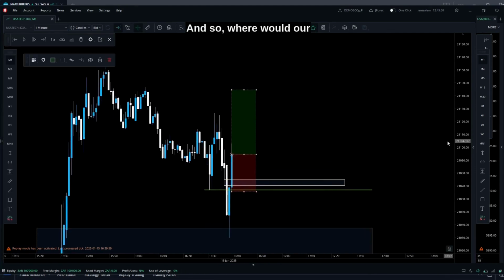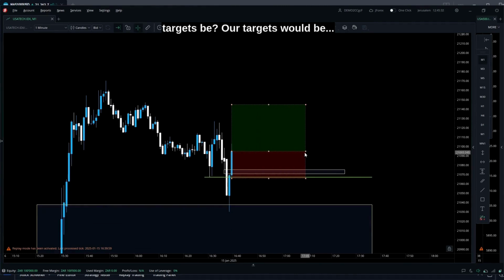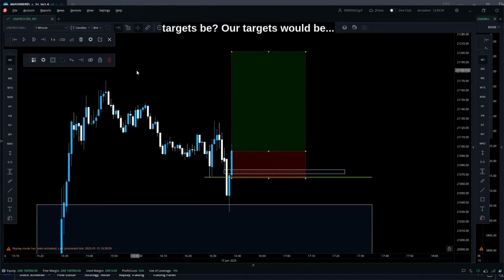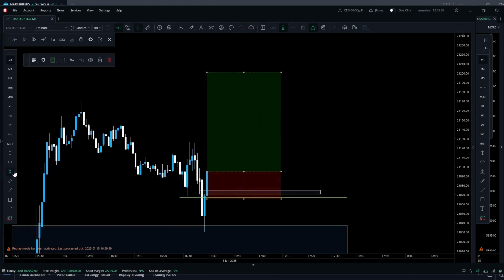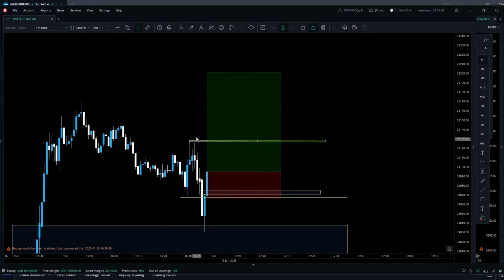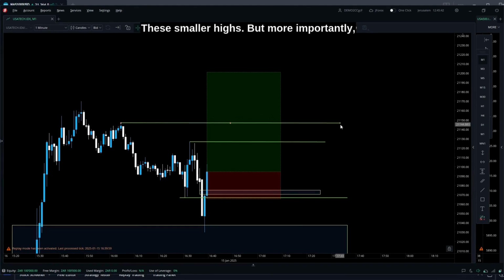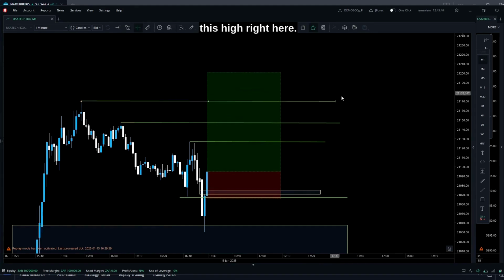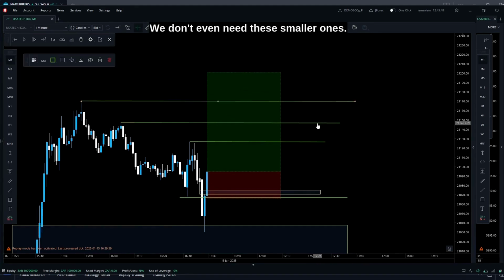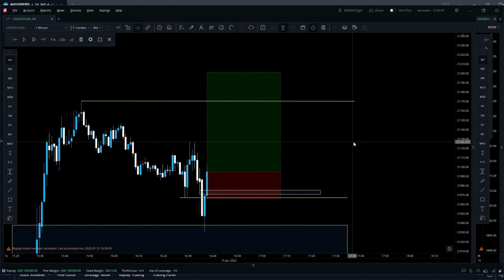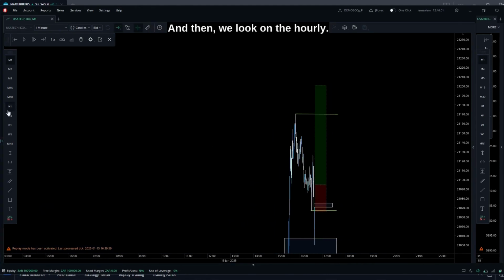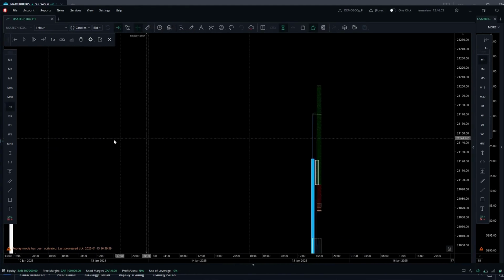And so where would our targets be? Our targets would be these highs. Well, first this immediate high, these smaller highs, but more importantly, this high right here. We don't even need these smaller ones. And then we look on the hourly.